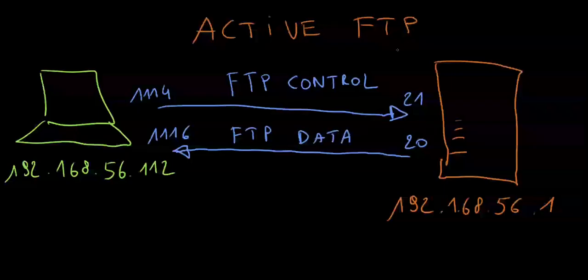We do not like active FTP very much because on the client it's kind of strange that there is a new connection coming in from port 20, and you do have to allow this in your firewall, that at one moment there suddenly is a connection coming in from port 20. So that's why active FTP is not used that much.